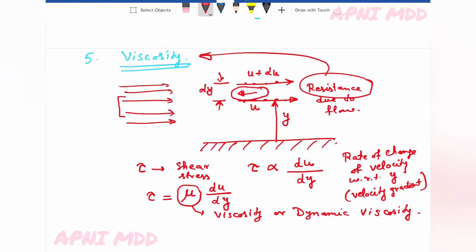Okay, and this equation is known as Newton's law of viscosity.